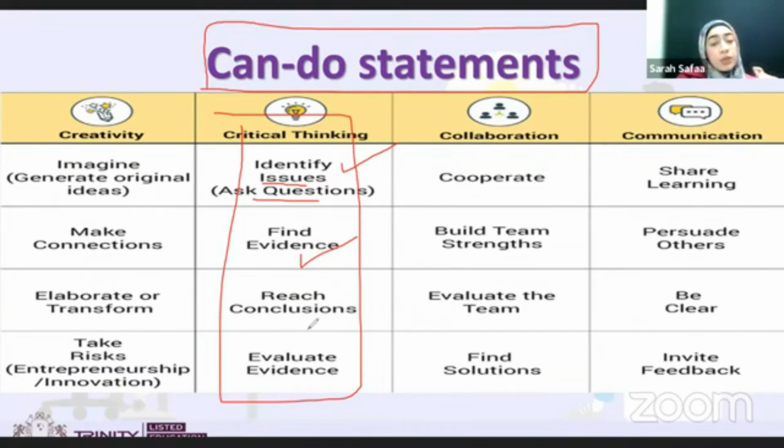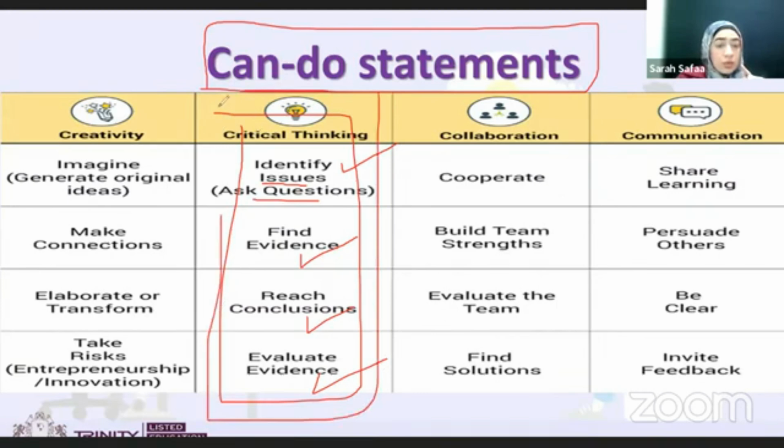Is he able to reach conclusions? Is he able to evaluate evidence? Give it a check. So now you can know what your student lacks when it comes to critical thinking, and you can guide him through the tasks, okay, to be a better critical thinker.